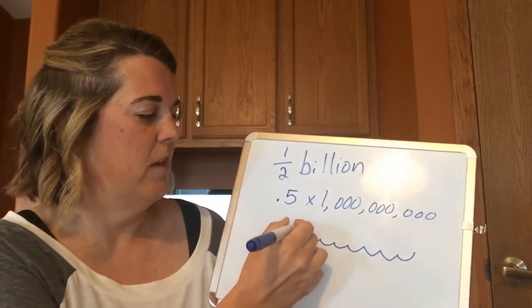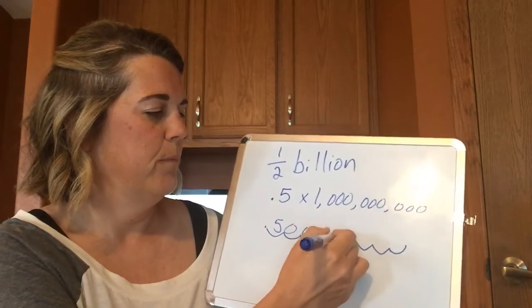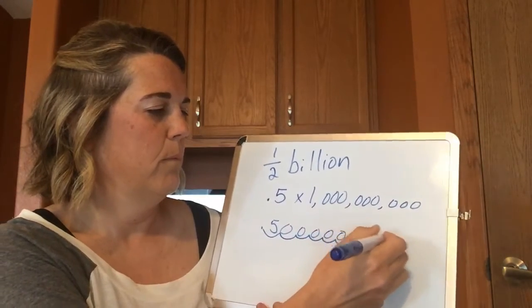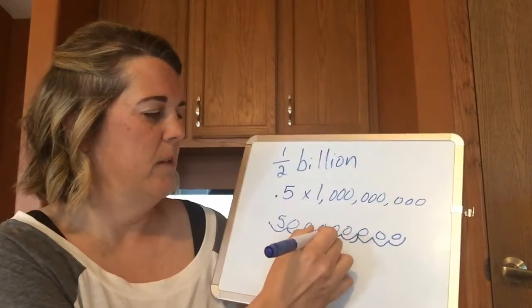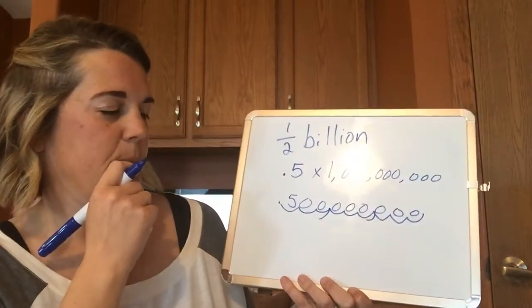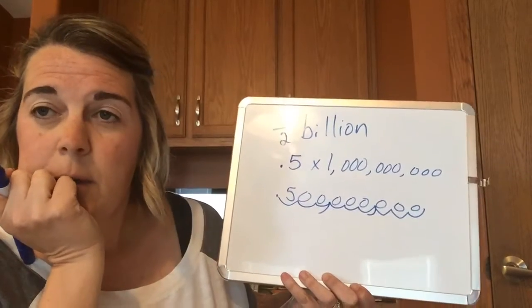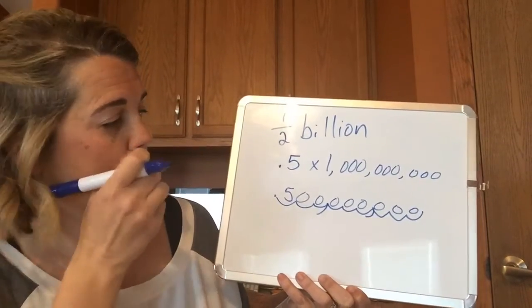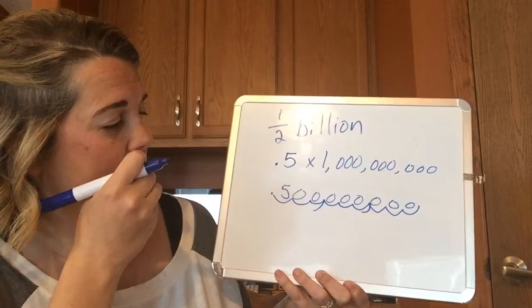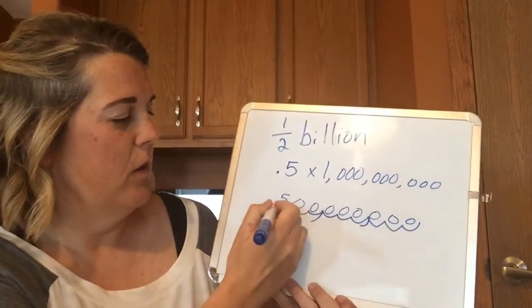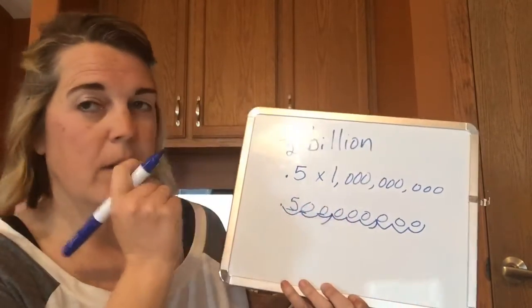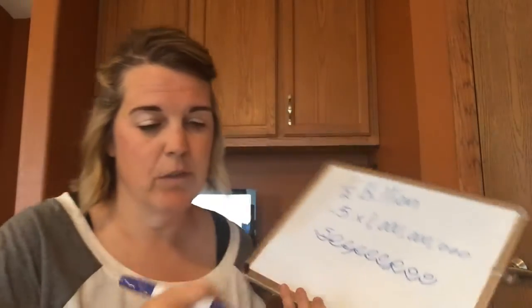Now I'm going to fill each of those in with a 0. Then I'm going to come back with commas. And I get 500 million. Okay? Instead of doing the little loopy things, you could also just draw, right? If you want to, so you don't get confused.